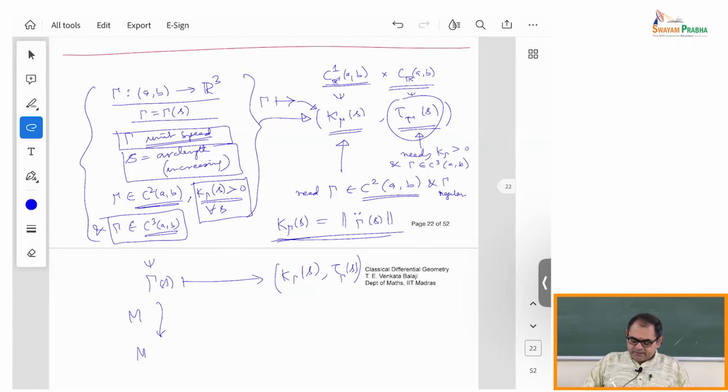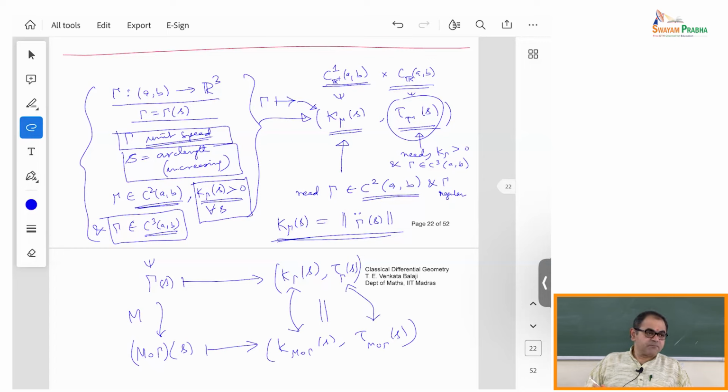So you apply M, then you will get M circle gamma of S. And what have we proved? We have proved that if you take the corresponding K of M circle gamma of S and tau of M circle gamma of S, this is equal to this. The curvature functions and the torsion functions are the same, okay, for M a rigid motion.